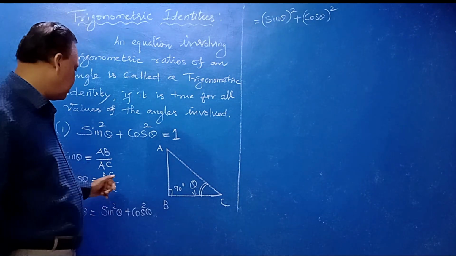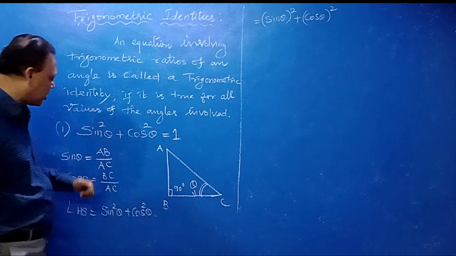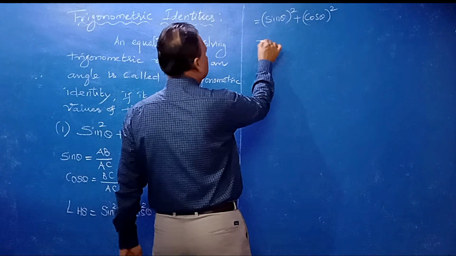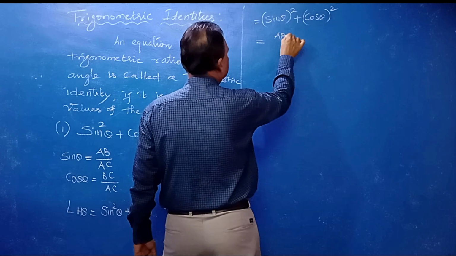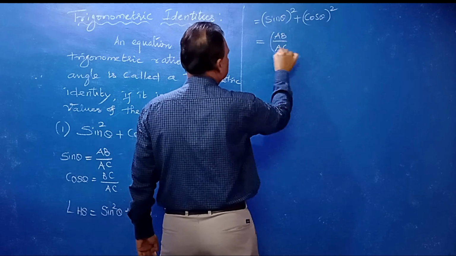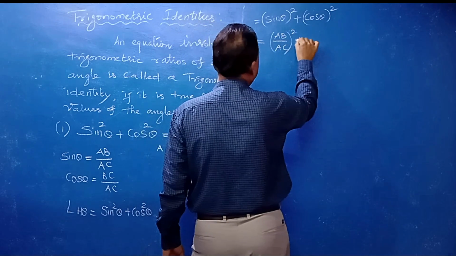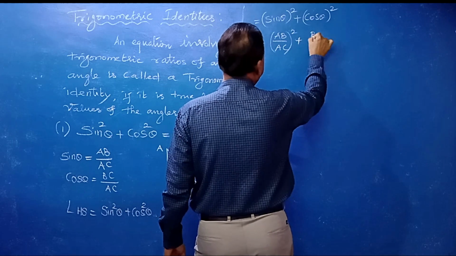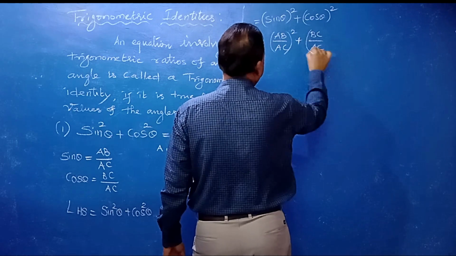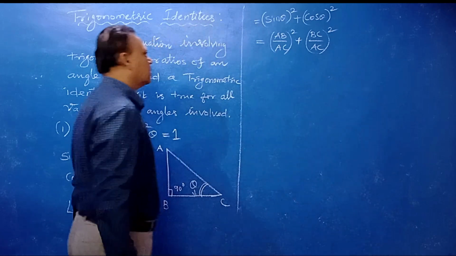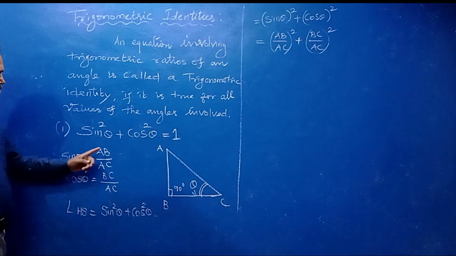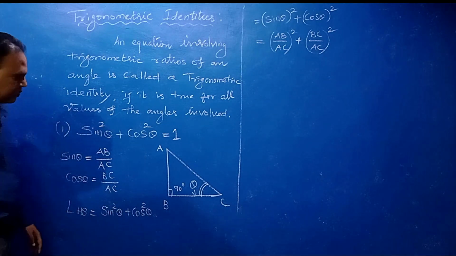Now you replace it. What is sin theta? AB by AC the whole square plus BC by AC the whole square.